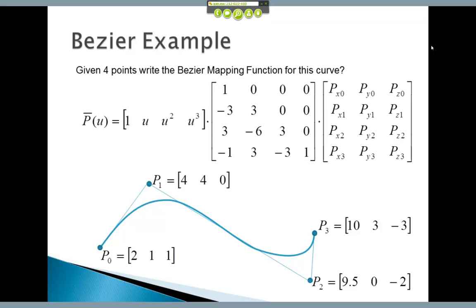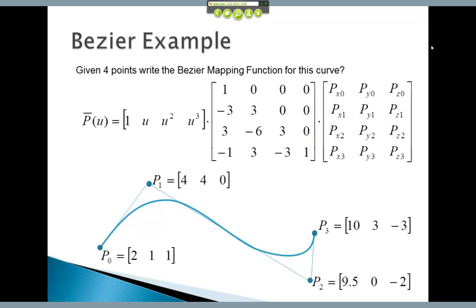So the first thing that I would do is I'd take these values and fill in the P matrix correctly. The second thing I would do is begin taking the row out of the M matrix, multiplying it times the first column of the P matrix, the second row, and I would just do it literally the X first.